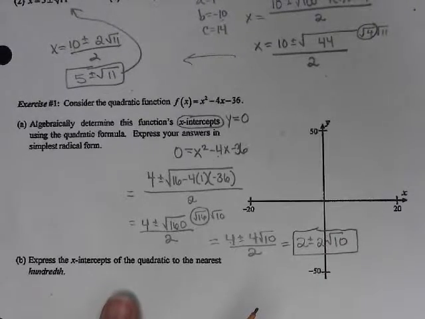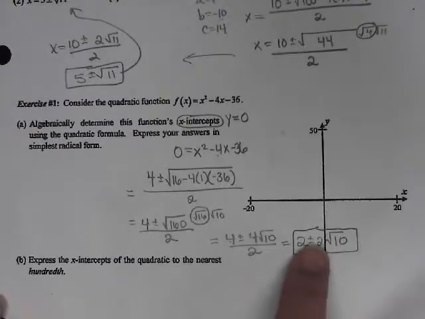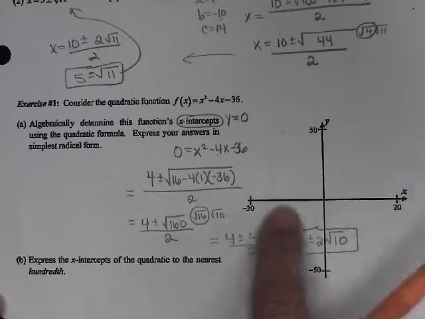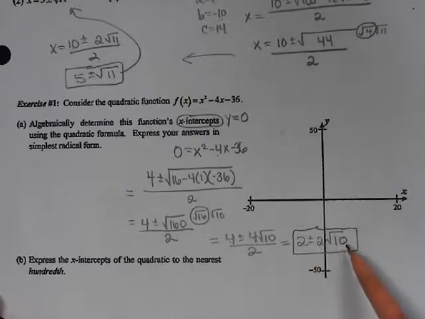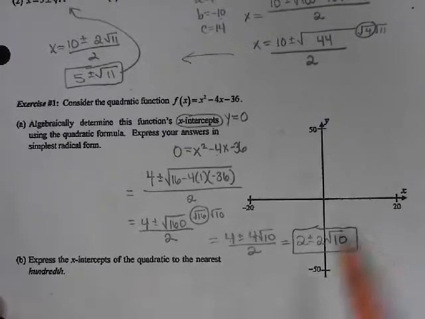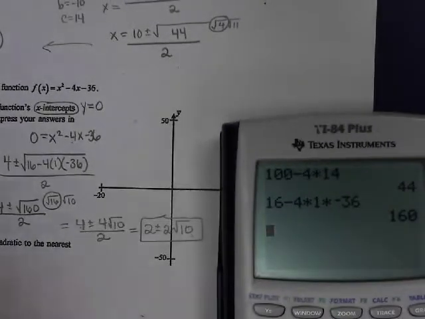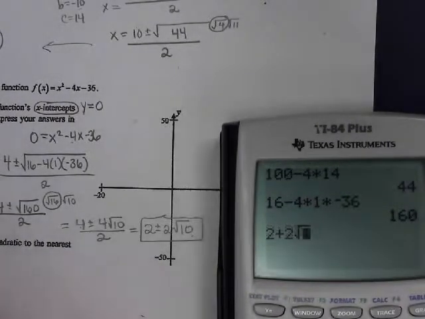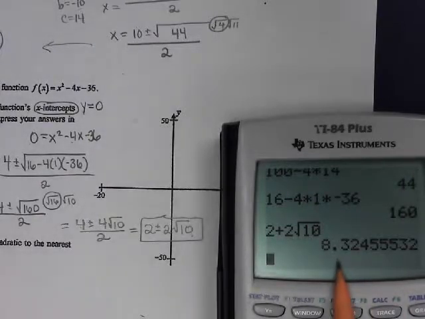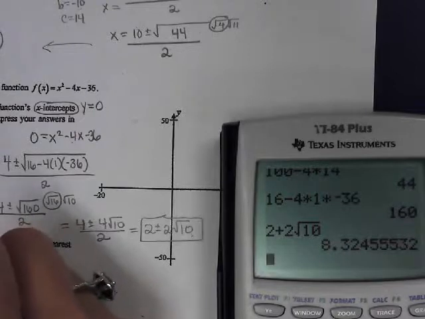Now part B asks us to express those x-intercepts, because those are our x-intercepts. We would like to know where that actually happens, and nobody knows what the value of this is without a calculator. So they ask you now to express those answers to the nearest hundredth. So if I type in 2 plus 2 root 10, rounded to the nearest hundredth is 8.32.